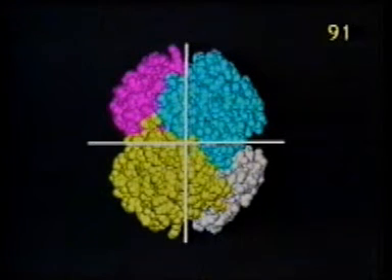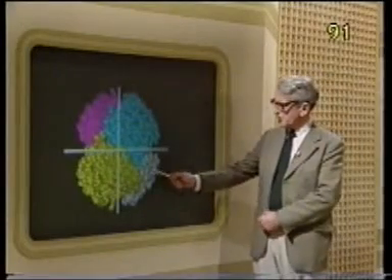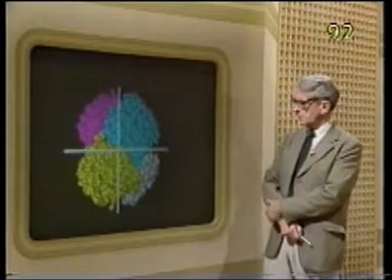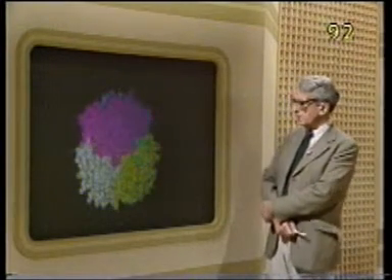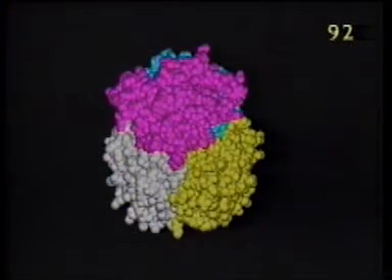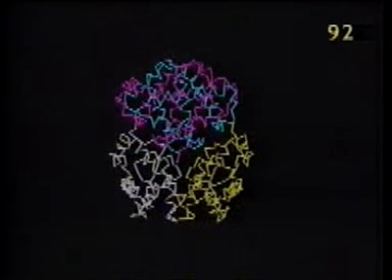Let's look now in a little more detail at the contact between the alpha and beta subunits making up this alpha-beta pair. If we turn the molecule first, we can look edge on at the contact region between the alpha and beta subunits. And if we now take away the space-filling representation, we can see underneath the skeleton of the polypeptide chain, which shows that the chain in this molecule is folded very largely in alpha helical regions.